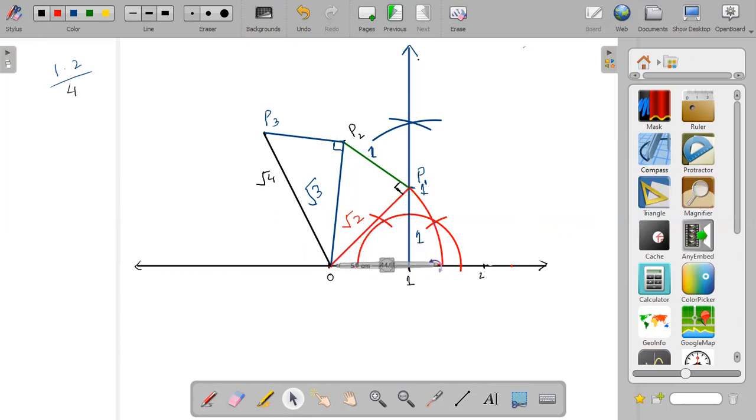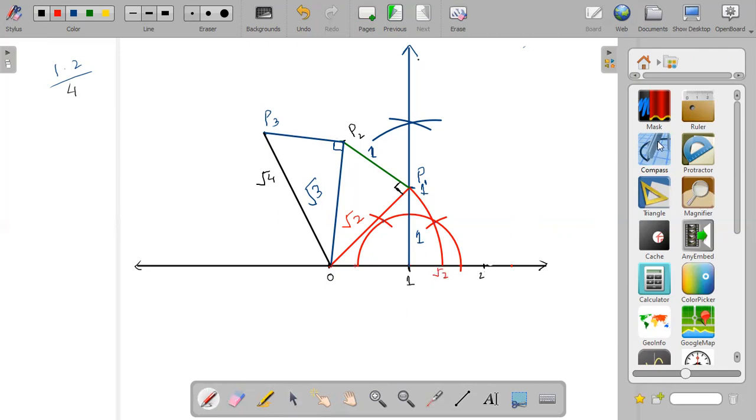This will intersect at a point. This is root 2.